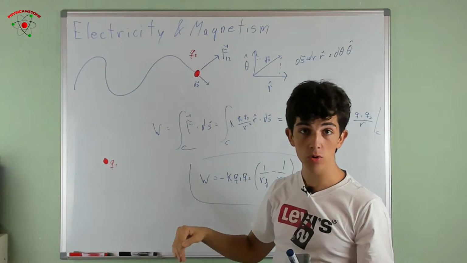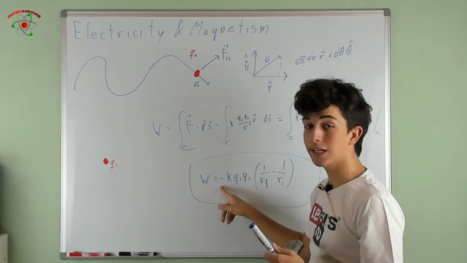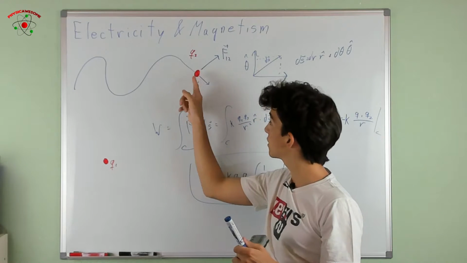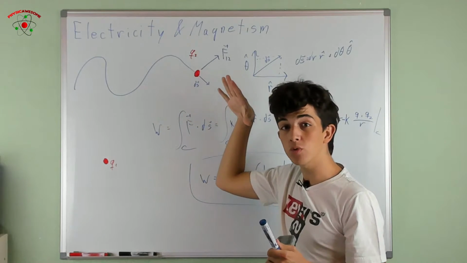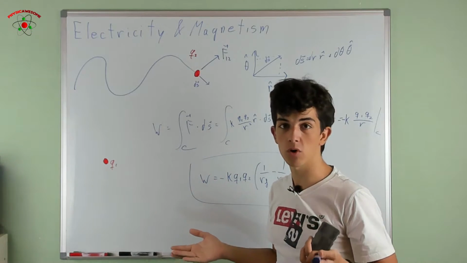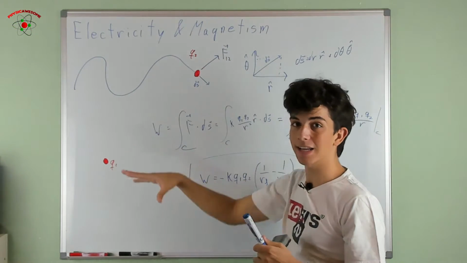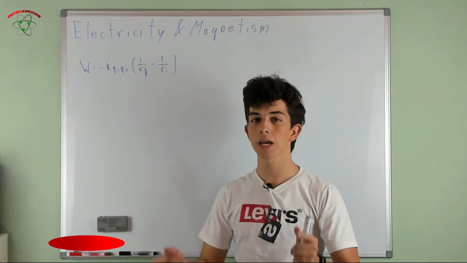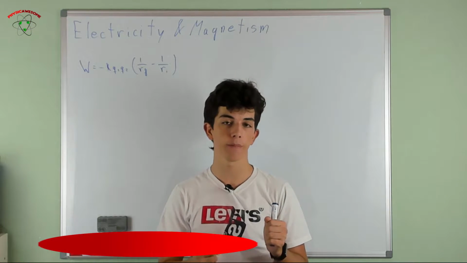However, if we're getting closer, the work is negative because this charge doesn't like the other one to be close, and we need to exert energy into the system, which is what a negative work means, so that they get closer together. Great. Now let's introduce electrical potential energy.